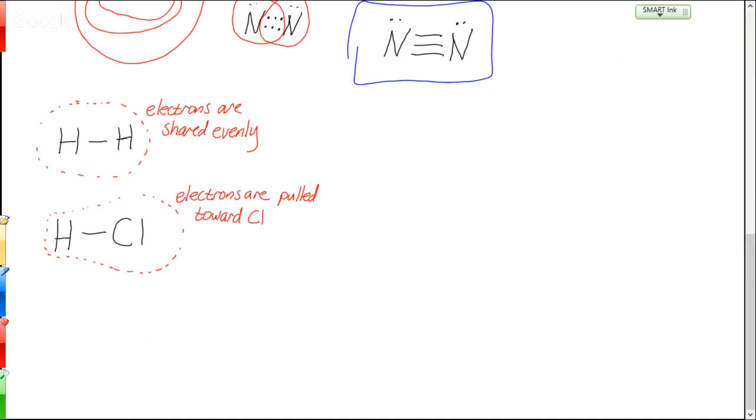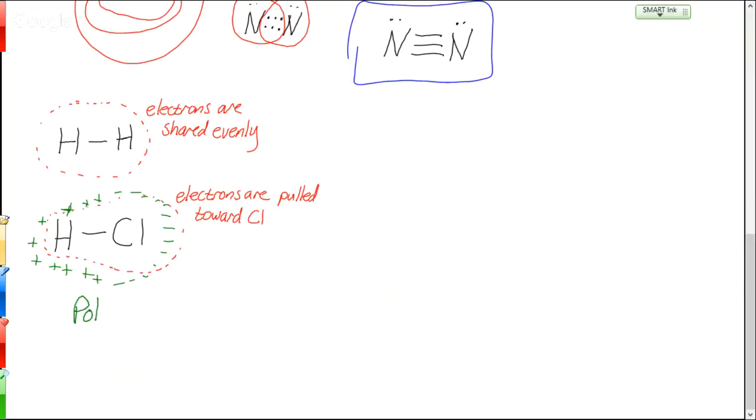So in this one, this side would end up being more negative. And because the electrons are missing from the hydrogen side a little bit, this side would end up being more positive. So we would say that this molecule has two poles, a positive pole and a negative pole, or a positive side and a negative side. And the word we use for that overall is polar.